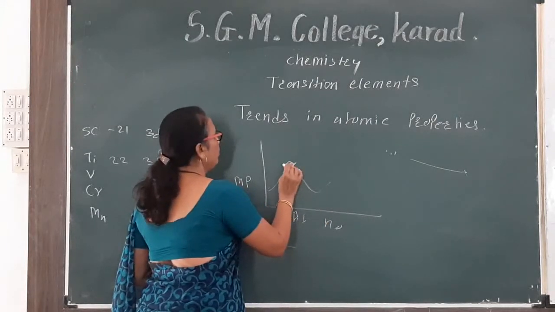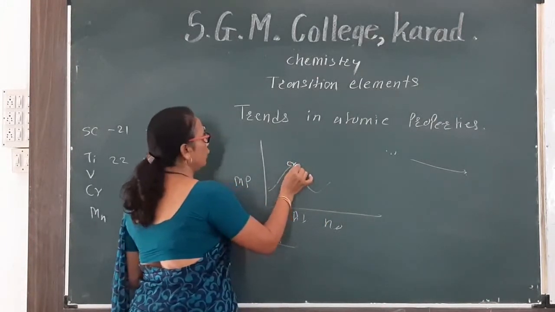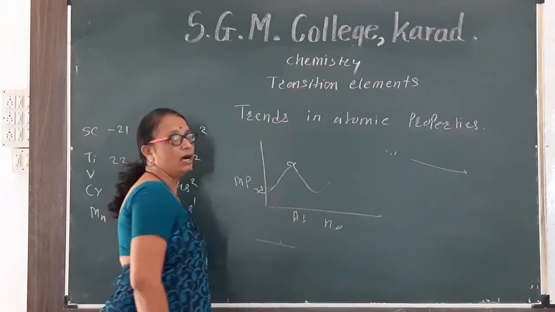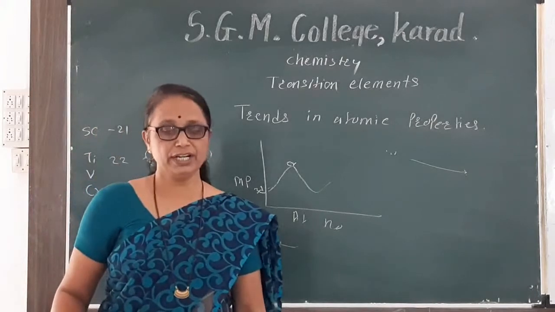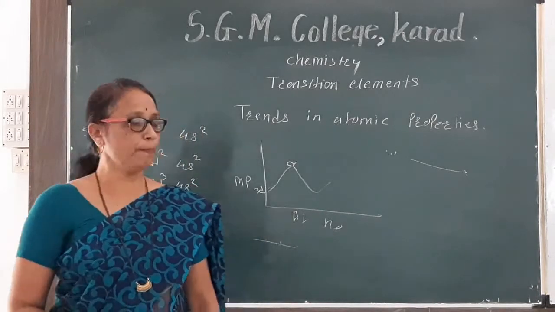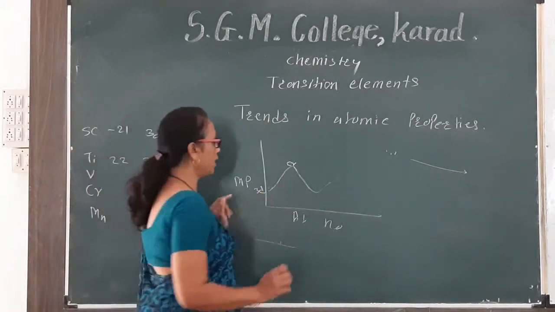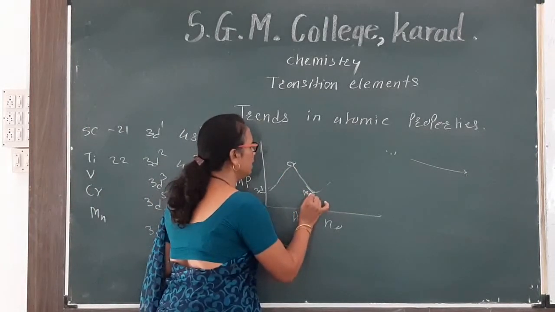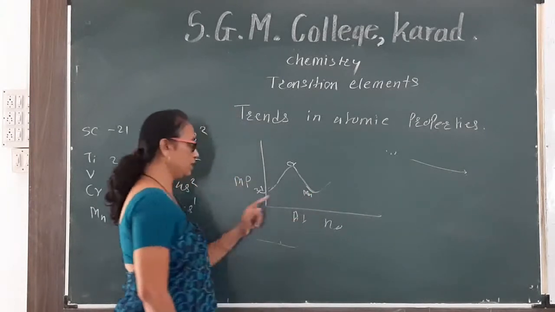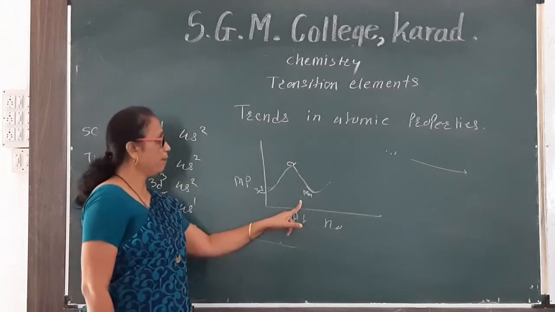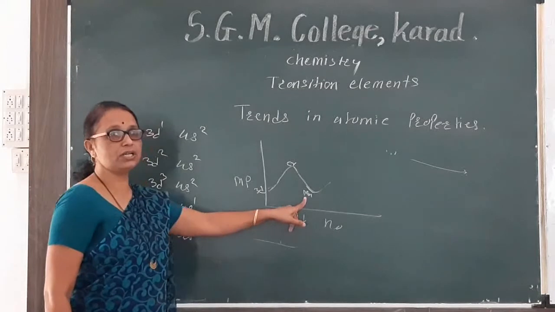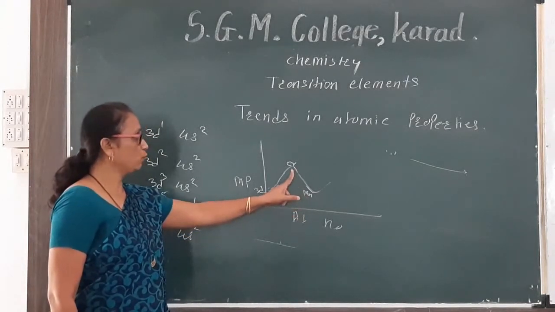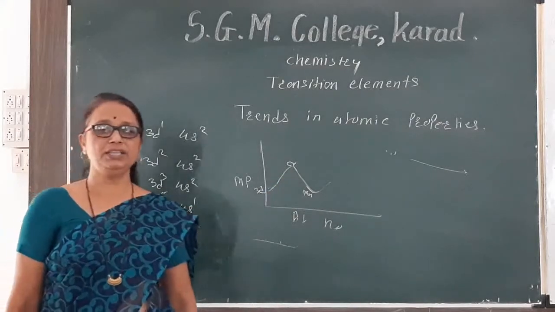This is chromium with 5 unpaired electrons in the 3d series. Chromium has atomic number 24, with 5 unpaired electrons, and it has the highest MP. Exceptionally, manganese has a low MP, though it also has 5 unpaired electrons, but manganese does not have a perfect crystal structure or metallic structure, so it has a low MP, but chromium has the highest MP in the 3d series.